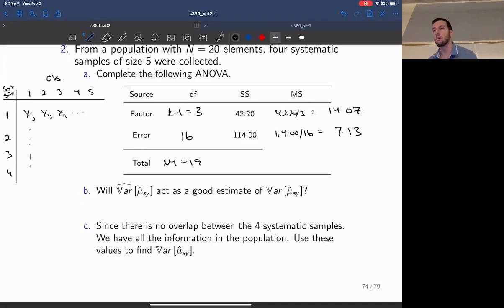So as a reminder, effectively what we would like is to see the rho as close to 0 as possible. So when rho is close to 0, this implies that our estimate of the variance of the mean from the systematic approach will be well estimated based off of a simple random sample estimate. So based off of an estimate that we would traditionally use in the systematic sampling approach.